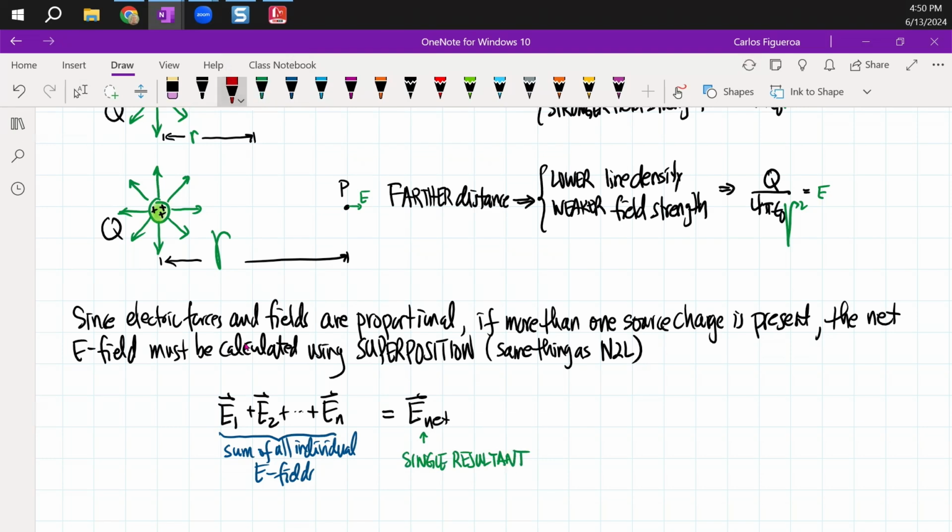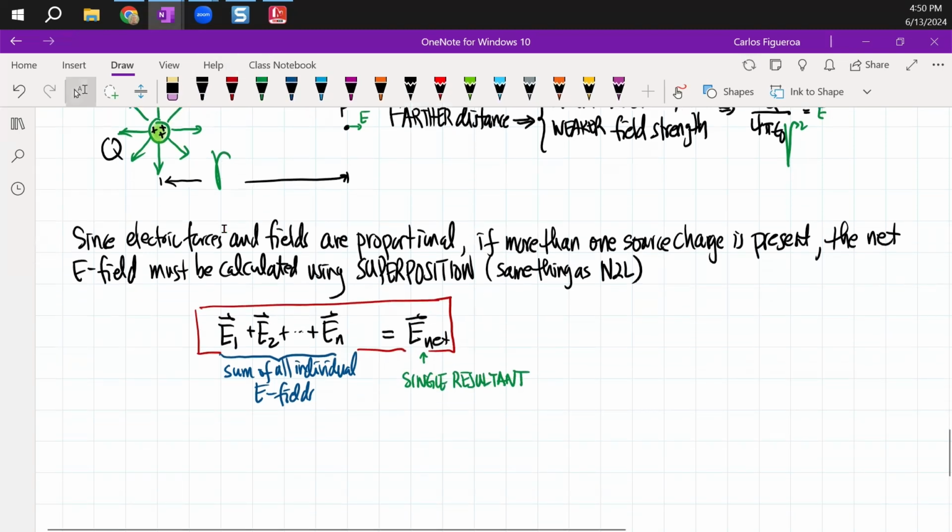And what that means here is that objects, charges, do not feel individual electric fields. They feel only the net force. They respond to the net force.